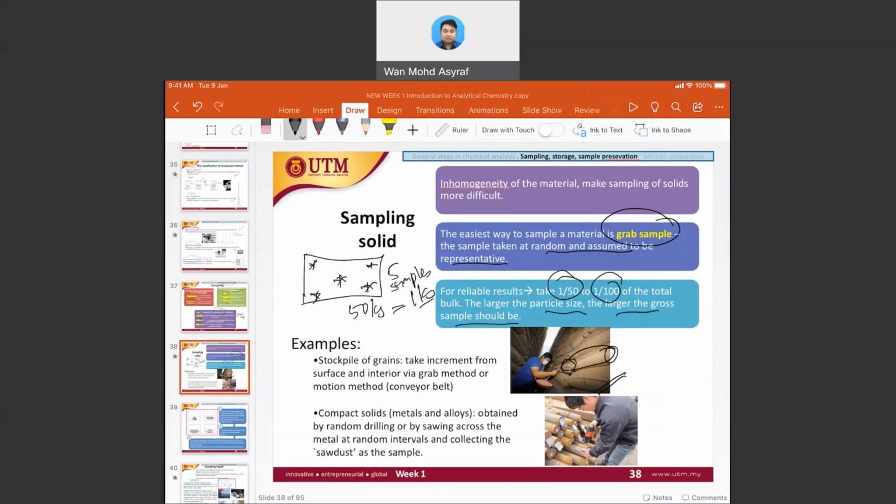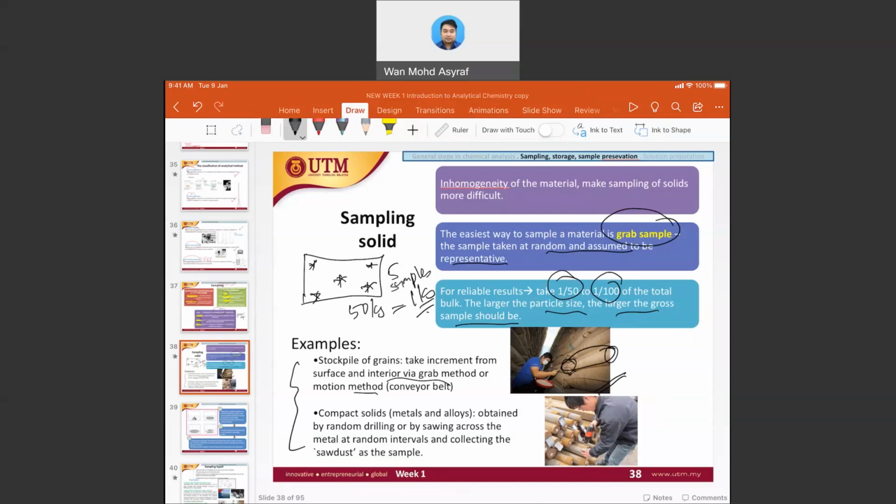You can see here the stockpile of grains, taking increments from the surface and interior via the grab method and the motion method. This is not that important, but the most important thing is that you need to know how to sample a solid.